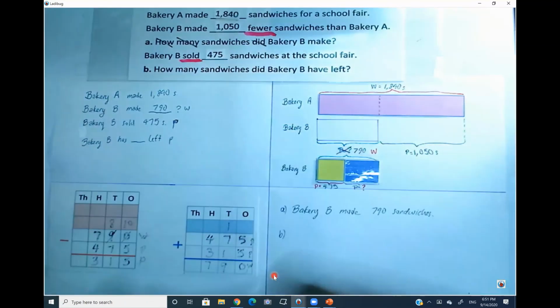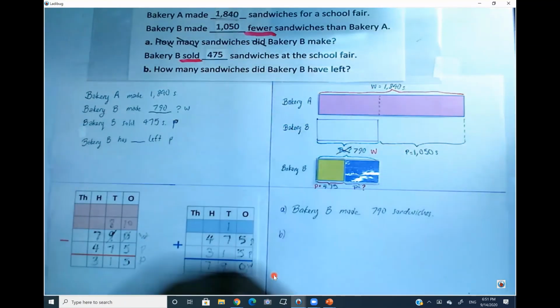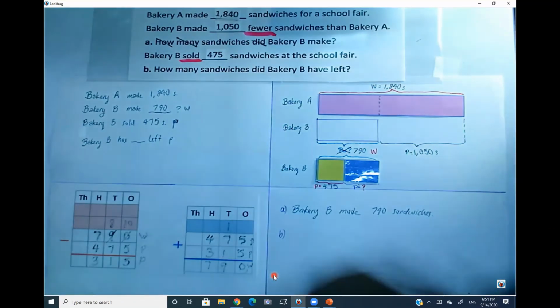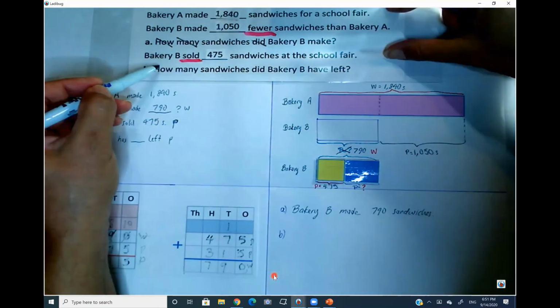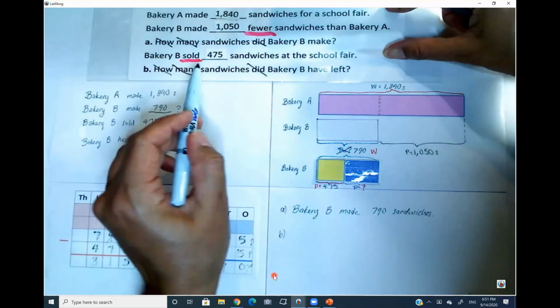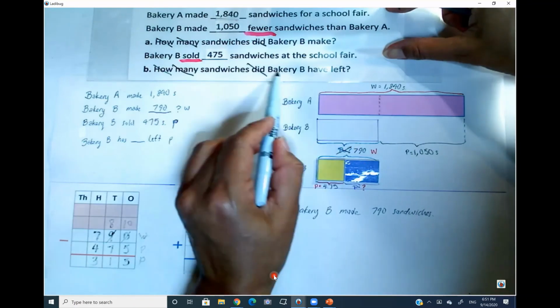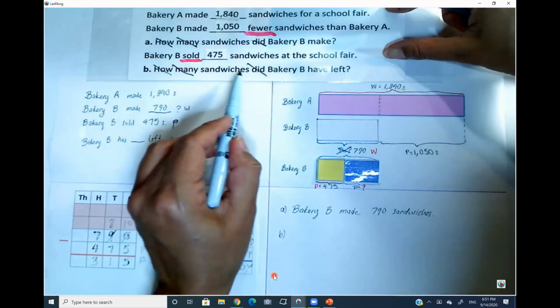So I just checked my answer, and now I can answer my second question. If my question says, how many sandwiches did Bakery B have left? So I take away the how, the many, and the did, and I use the words that are left to create a sentence.